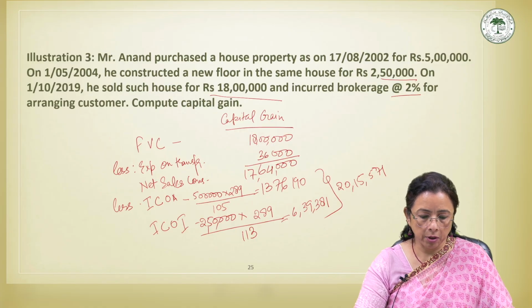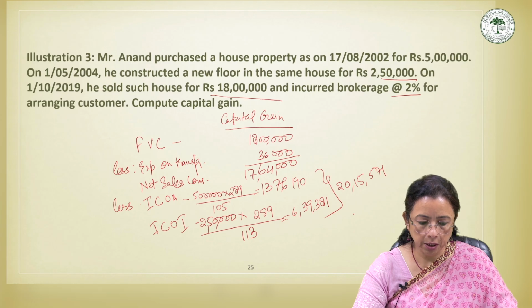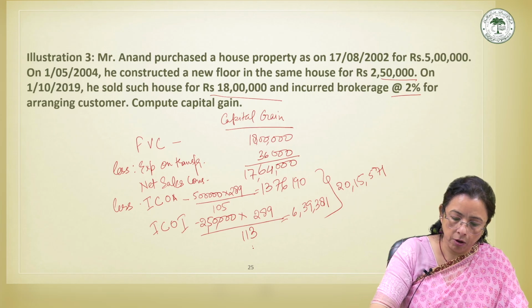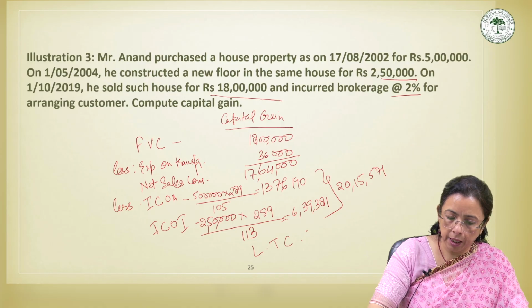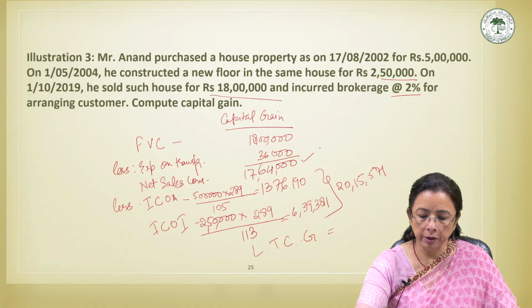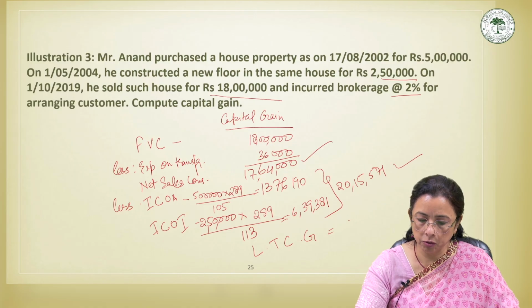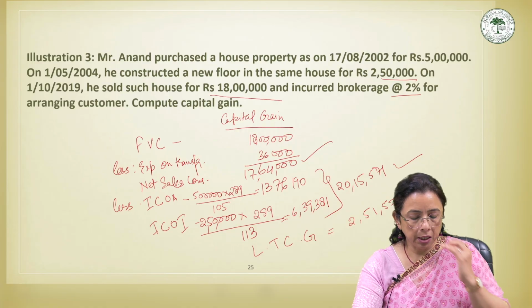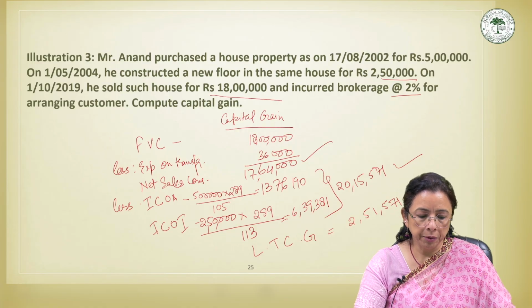When we deduct this from the full value of consideration, the difference between this amount and this amount is 2,51,571. I hope this is clear, how we compute it.